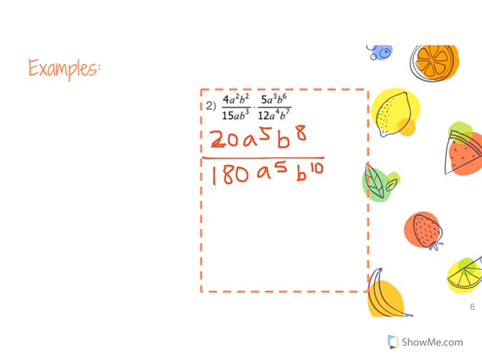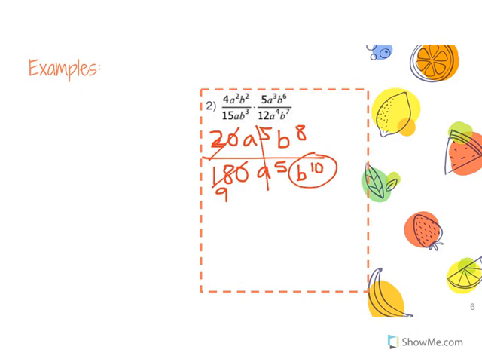Okay, so we multiplied our monomials. Now we're just going to go through and simplify. Well, 20 goes into 180 9 times. A to the 5th power divided by a to the 5th power is just going to equal 1. B to the 8th minus 10 would be a negative 2. That just means that we have more on the bottom. So let's go ahead and rewrite this.